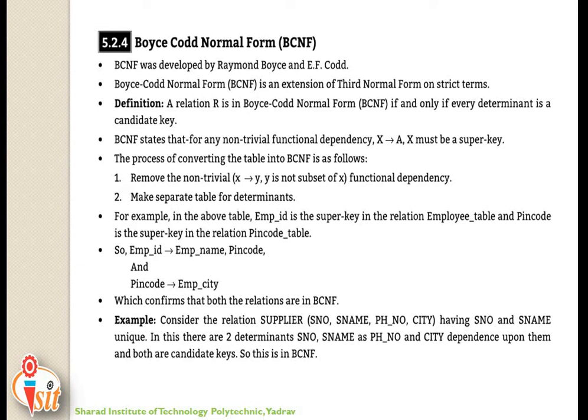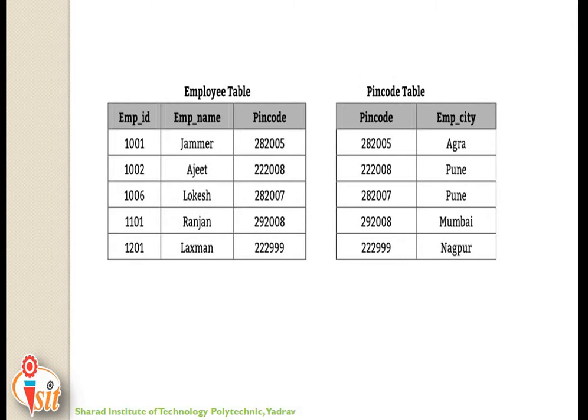For example, here you can see the example. In this table, employee ID is the super key in the relation employee table and pin code is the super key in the relation pin code table. Are you getting it? Which is the super key of which relation?